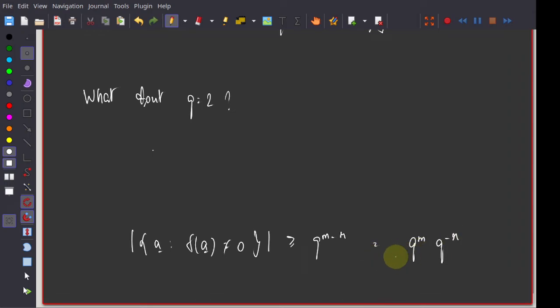Okay, but what is q to the m equal to? Or let me put it in a slightly different way. What is n equal to? n is equal to q power m, right? So this is equal to n into q to the power minus r.